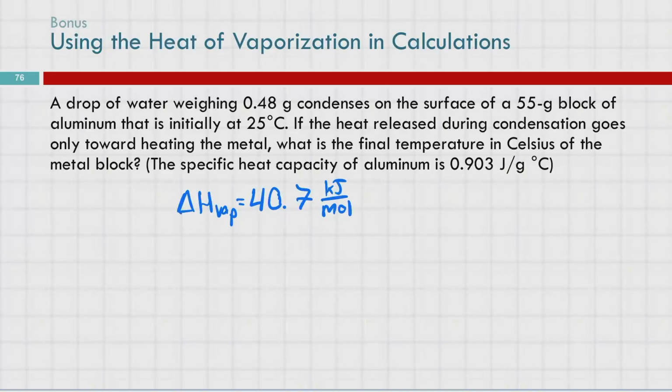If the heat released during condensation goes only toward heating the metal, what is the final temperature in Celsius of the metal block? The specific heat capacity is 0.903 joules per gram degree Celsius for aluminum. I'll give you about 5 minutes to give that one a shot. This is on the harder end of problems that I might give you.